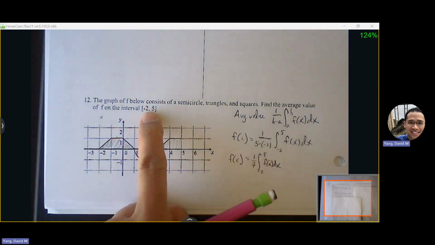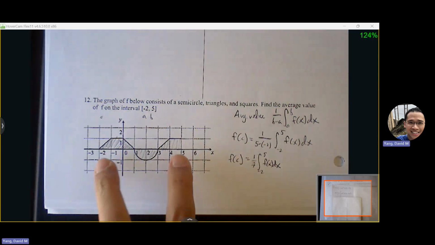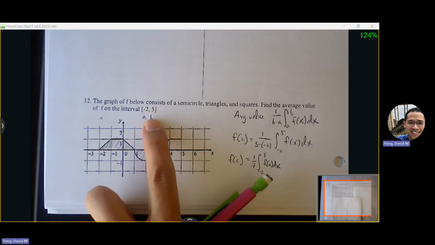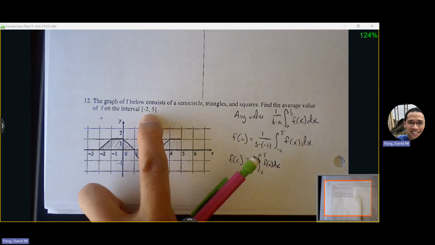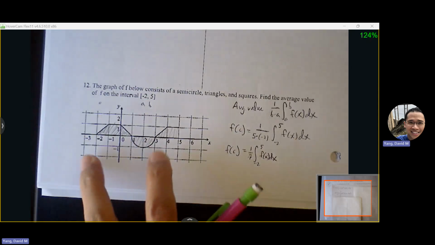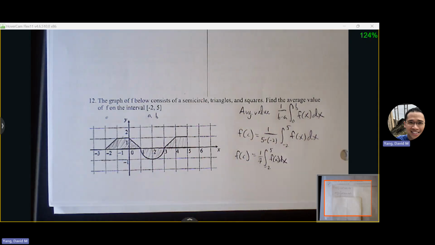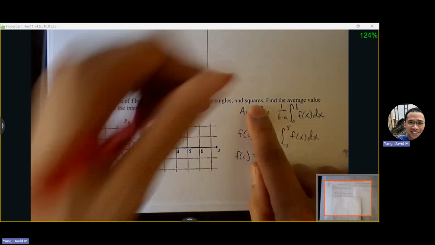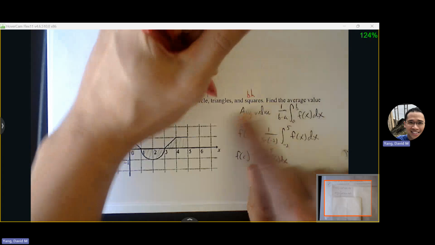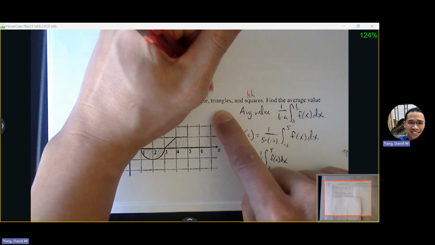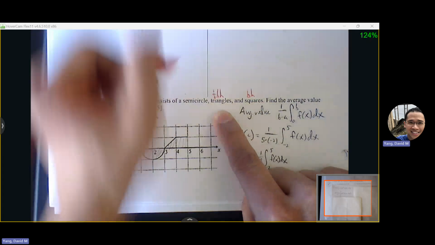And sometimes your interval may not include everything you see on the graph. So make sure that you're only paying attention to what is specified in the interval. We're going from -2 to 5. And these are all different shapes here. We have squares, which is base times height, triangles, which is 1/2 base times height.